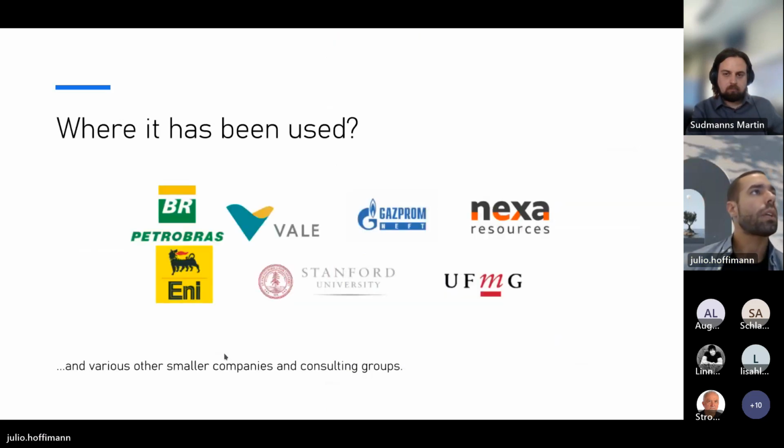So where it has been used, this package has been used both by consulting groups, smaller companies, and companies that we do projects with. So they are being used to write custom solutions to partners in the industry, right? So you have people using it directly as researchers inside of these companies, or people using it indirectly because we build solutions on top of the open source stack.